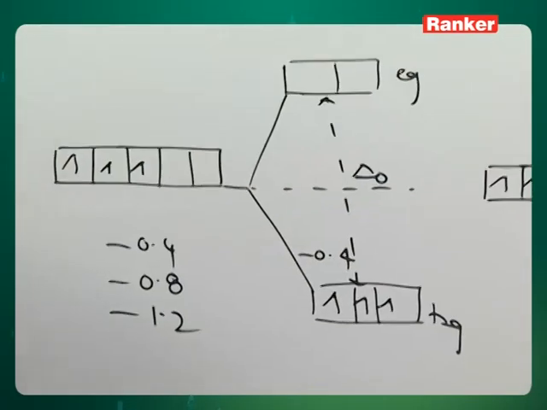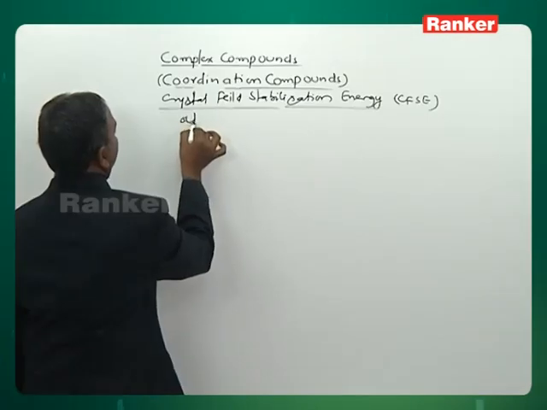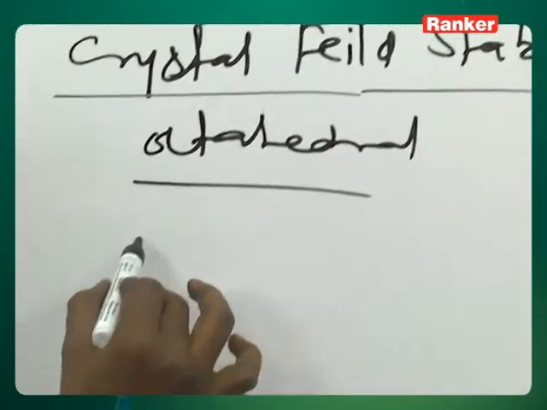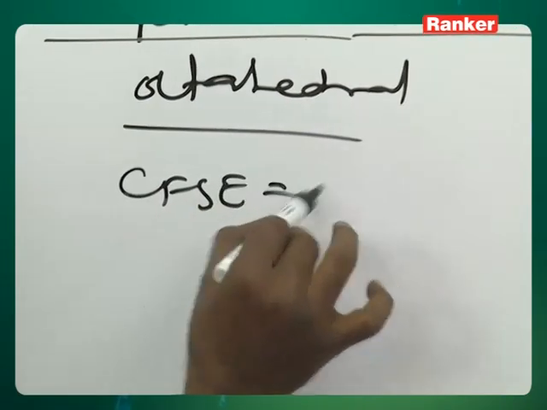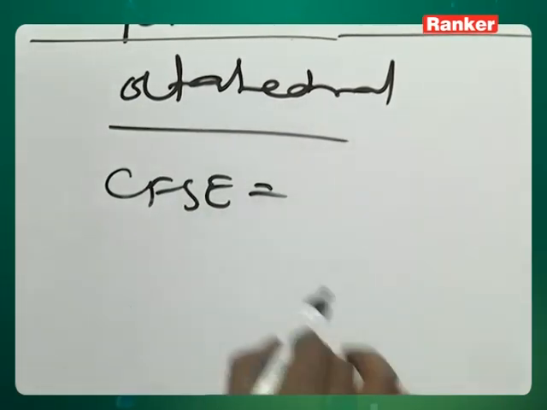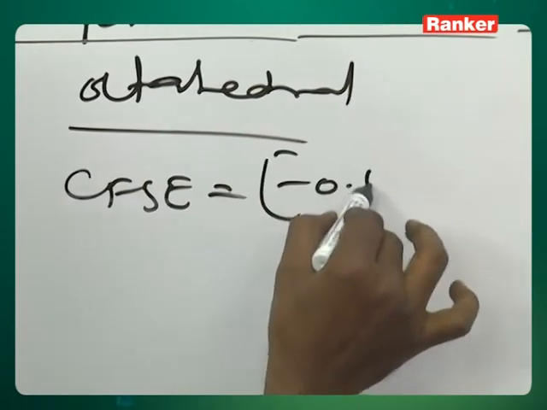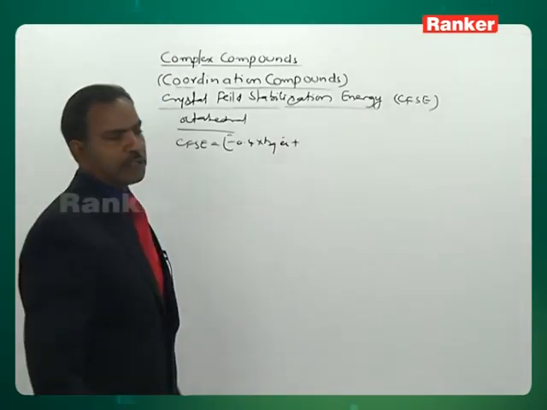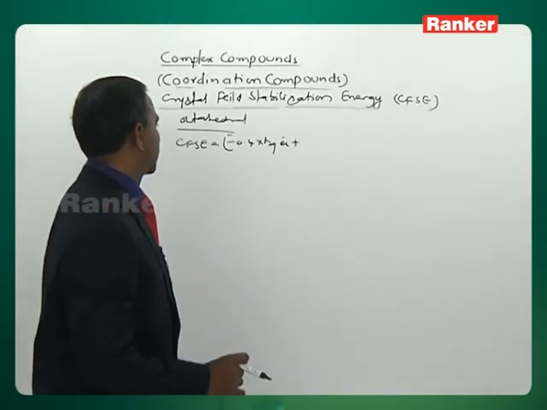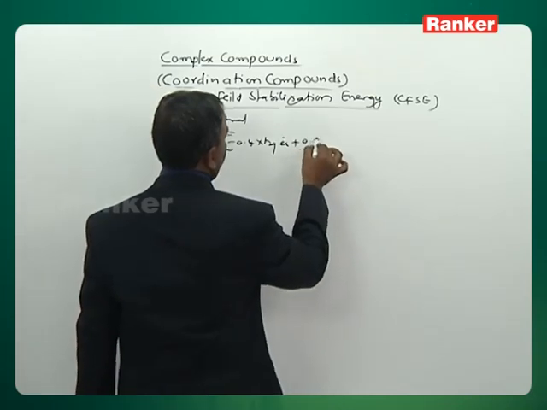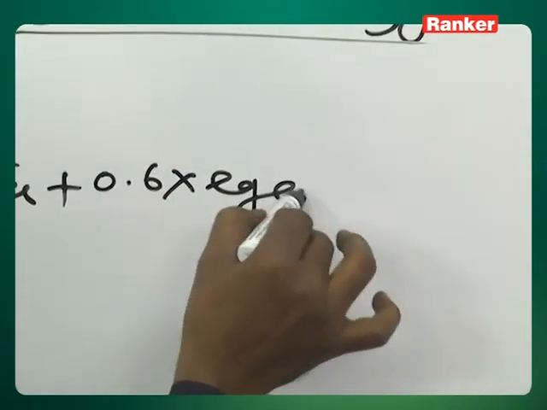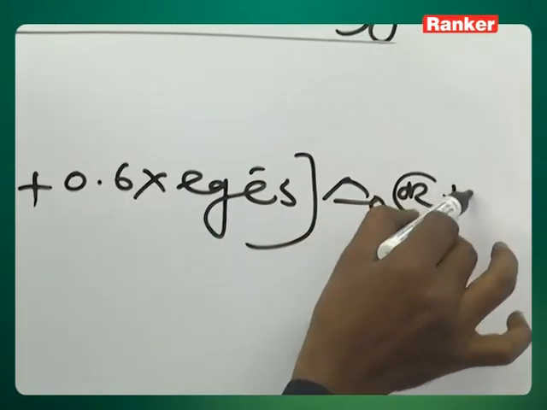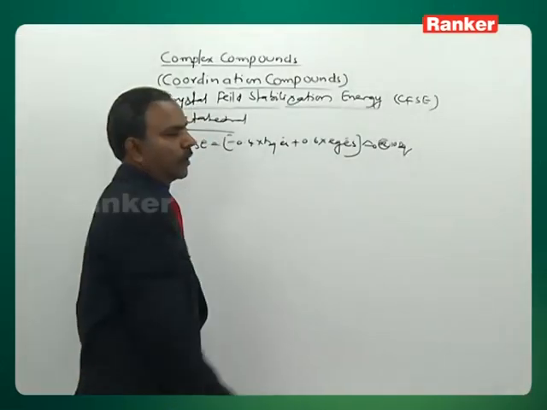You see the calculation part. Octahedral geometry, CFSE equation. CFSE equals minus 0.4 into the number of t2g electrons, plus 0.6 into the number of eg electrons, times delta O or 10 Dq.